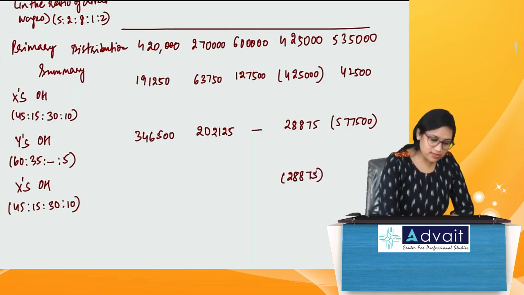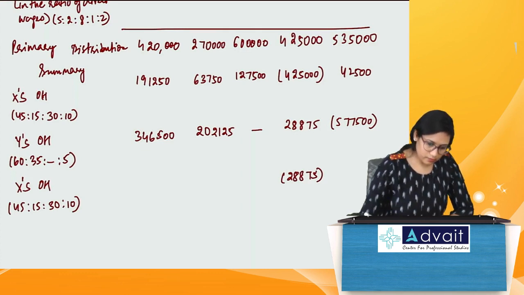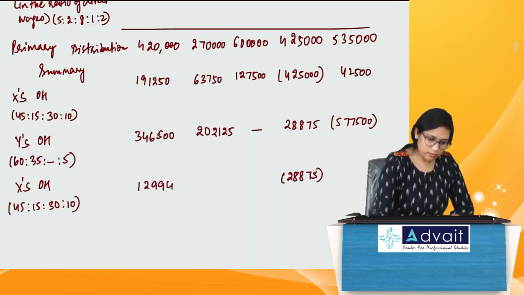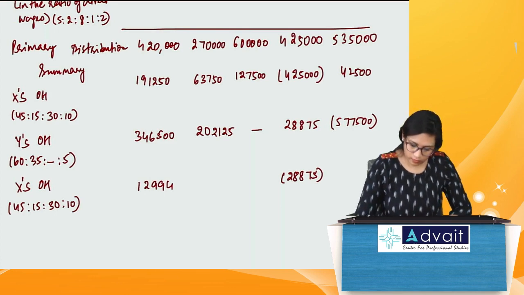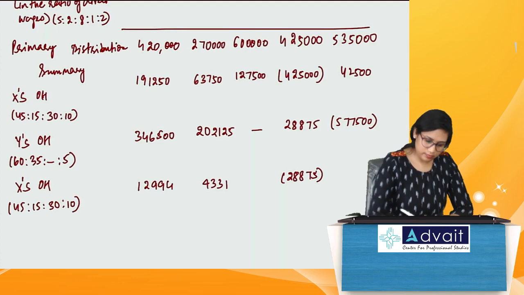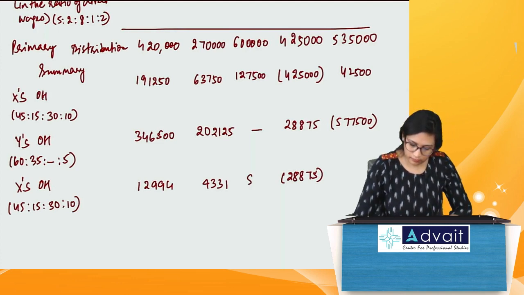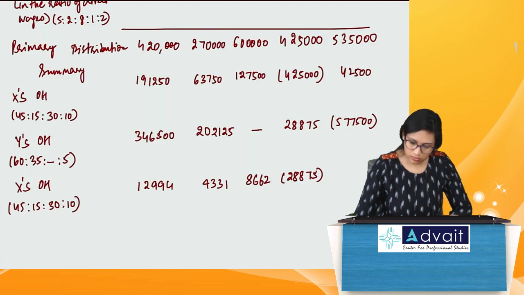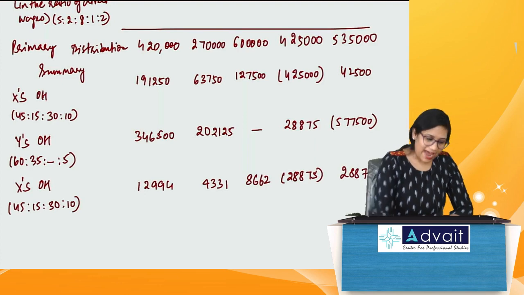So let's divide in this ratio. 12,994. 4,331. 8,662. 2,887. Just add up the total.